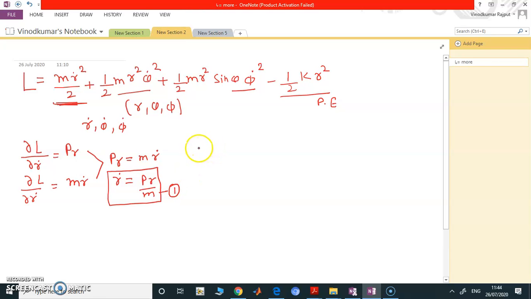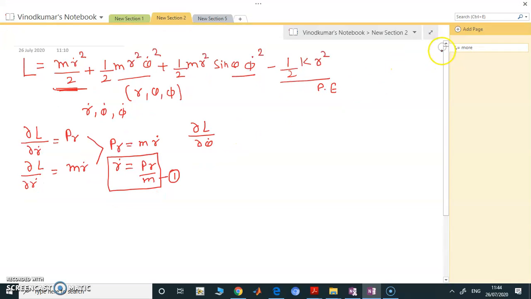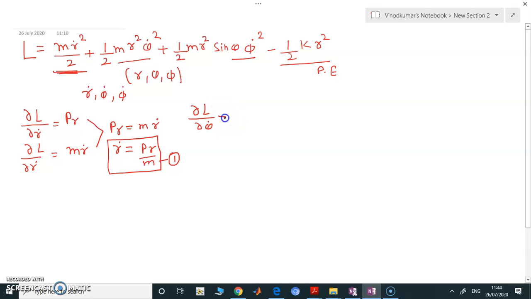Now second, we have to calculate theta dot. For that we take dou L by dou theta dot. This one gives m r square theta dot, and all other terms will be 0 because they don't have the theta dot term.